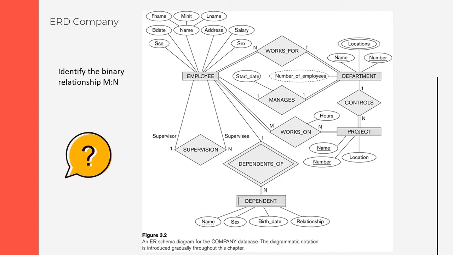So now let's identify where the M to N relationship is. It is here, and the corresponding entities are employee and project.